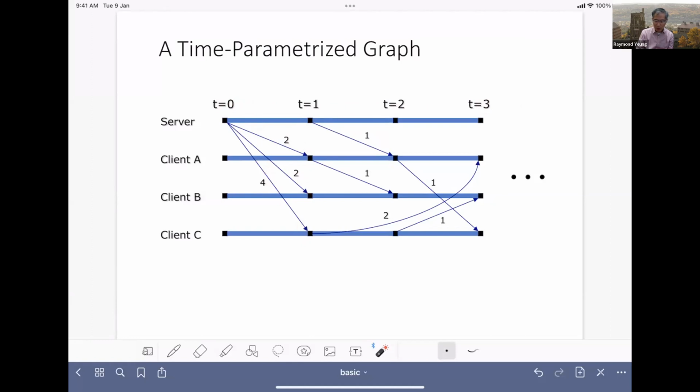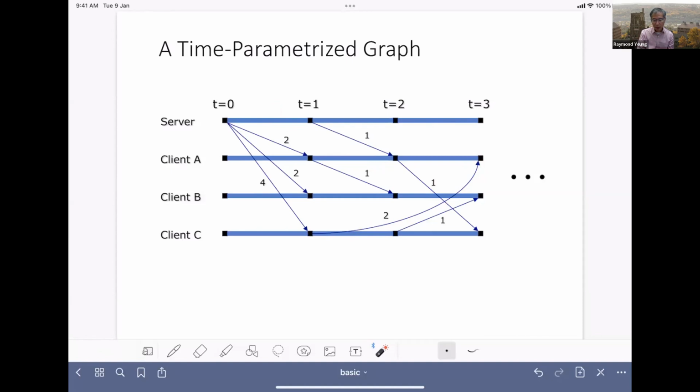Now here, client C sends 2 blocks to client A. This time it takes 2 time slots, depending on the traffic. So it goes on like this. There is another type of edge which is very thick, and I assume that the capacity of such an edge is equal to infinity, and what it represents is its own memory.